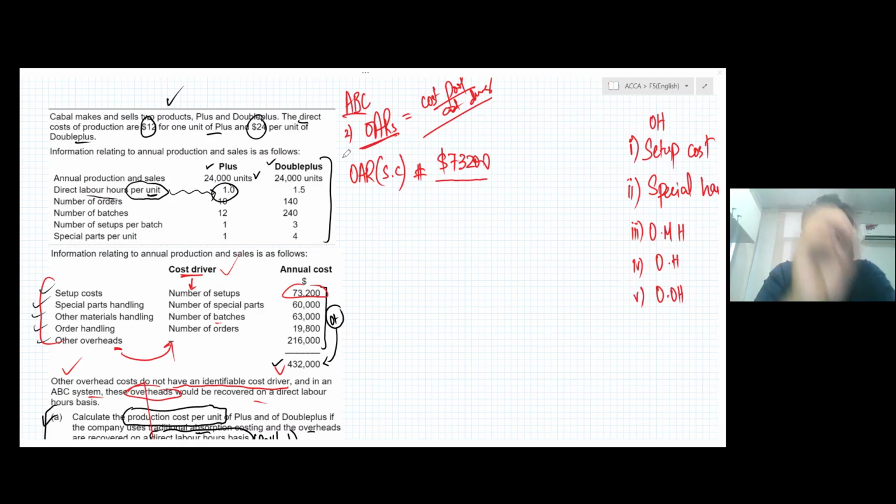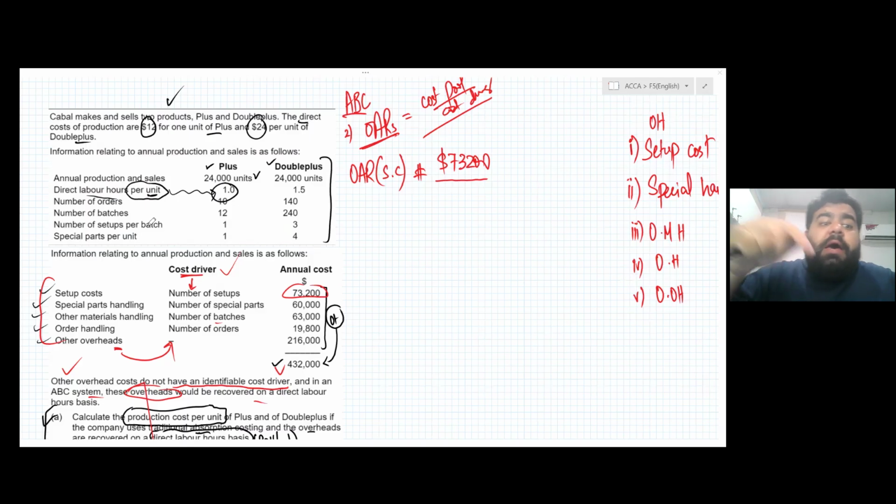No! They have told you number of setups per batch. Understand the concept, my students. It's written 1 per batch, 3 per batch. They have not mentioned the total number of setups as 1 and 3.